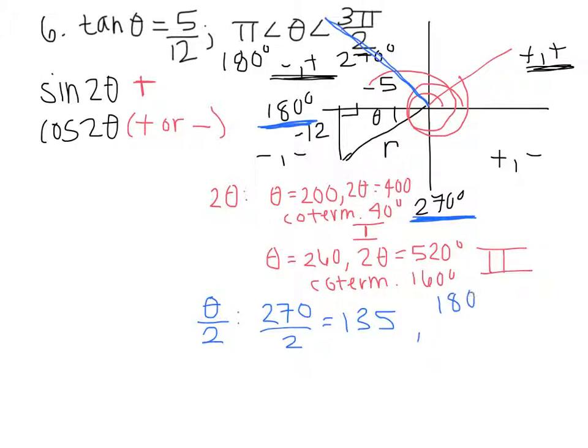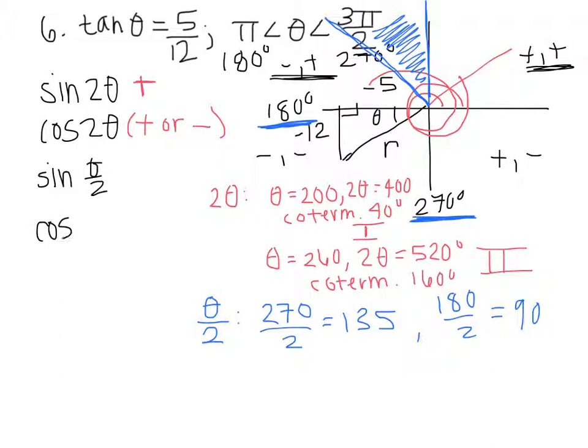And 180 divided by 2 is 90, so that's this piece. So what we found is that all of our half angles are going to live in that little blue pizza slice. And what that tells us, if we're looking at sine theta over 2 and cosine theta over 2, is that our cosine is going to be negative and our sine is going to be positive.